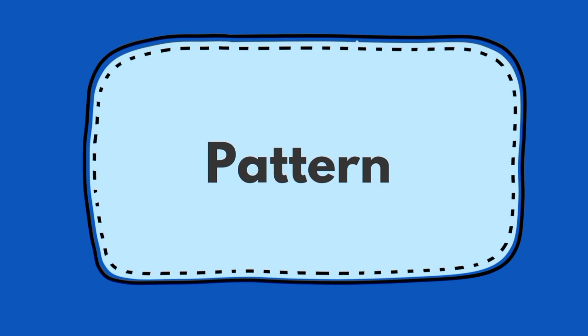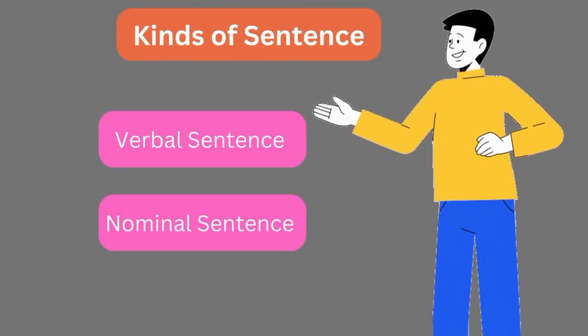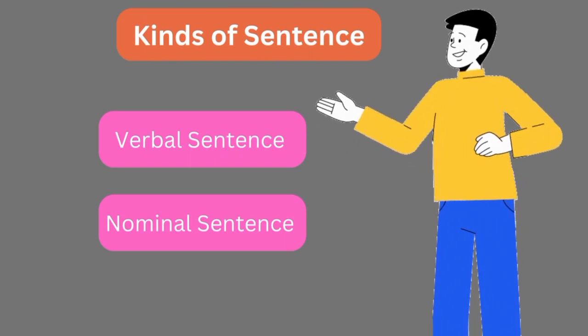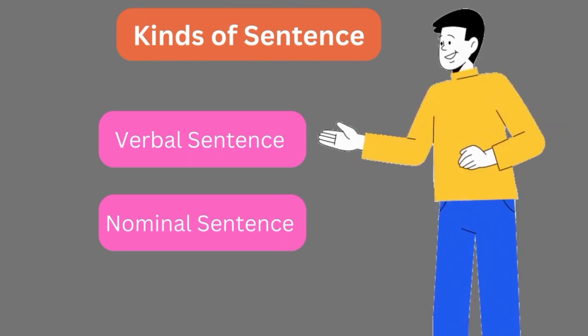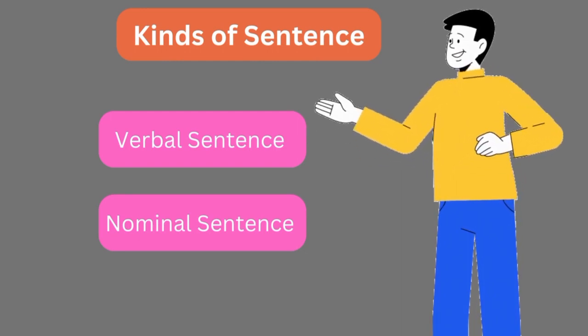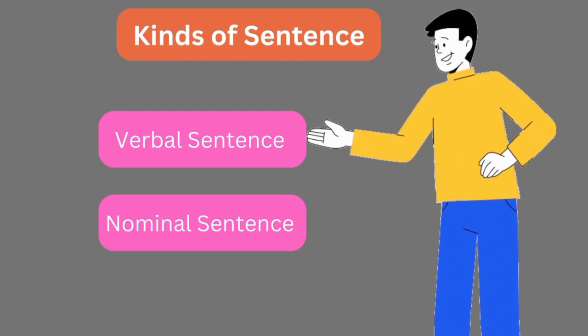Pattern of simple present tense. There are two kinds of sentence. The first one is verbal sentence, and the second one is nominal sentence. Verbal sentence is a sentence that needs a verb.